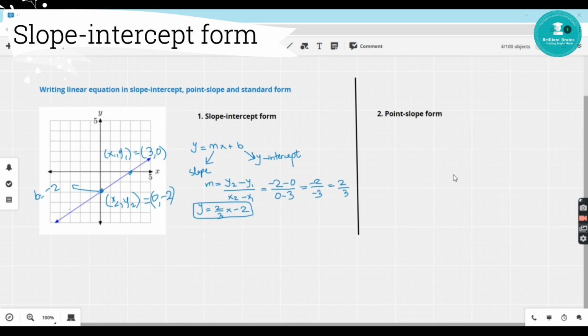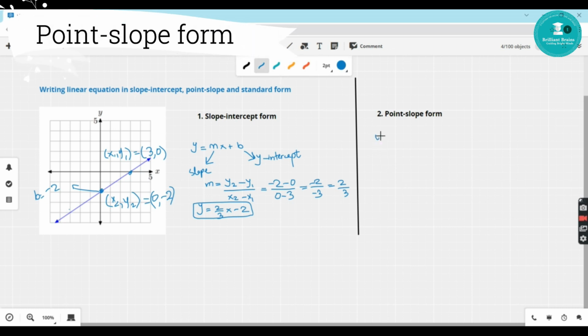Now we'll try to convert this line into a point-slope form. We know that the general form of a point-slope form is y minus y1 equals m times x minus x1. It means we have to figure out the slope, that we have already done. Slope was 2 by 3 and we need a point x1 and y1.